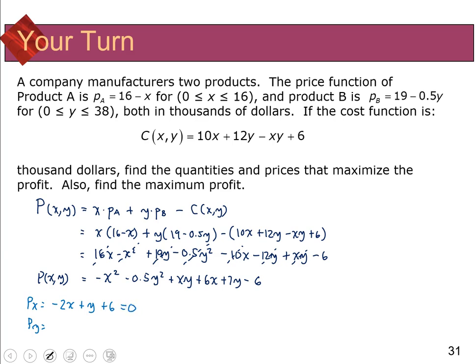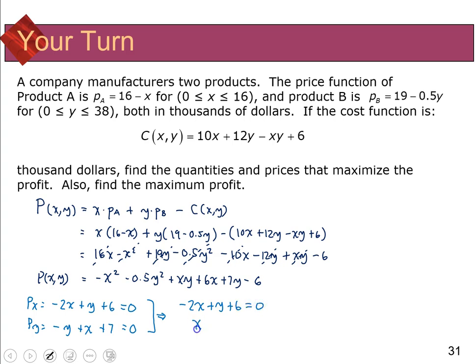The partial derivative with respect to y is going to give me negative y plus x plus 7 equaling 0.